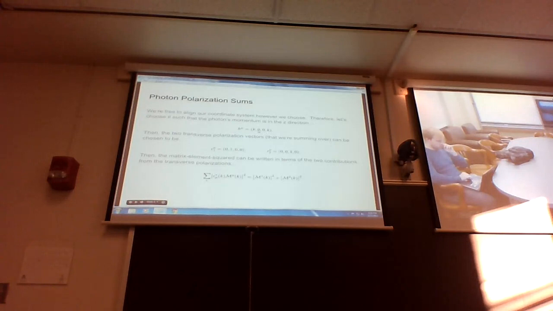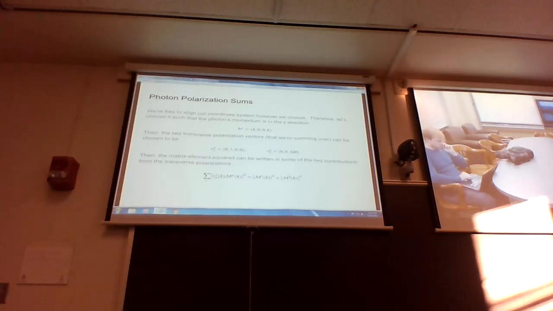And that allows me to write down the transverse polarization vectors in a very simple form, because I know that when I dot these two together, I have to get 0. I know that there are two transverse polarizations, in the xy plane. So why not align them so that one of them is along the x direction and the other is along the y direction?